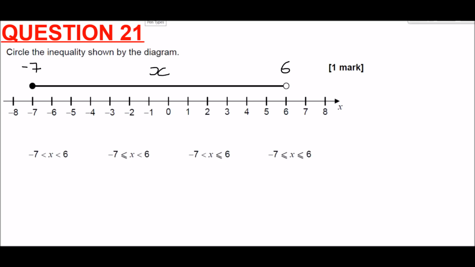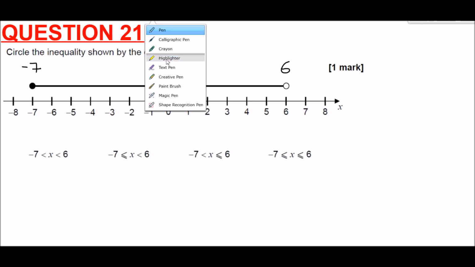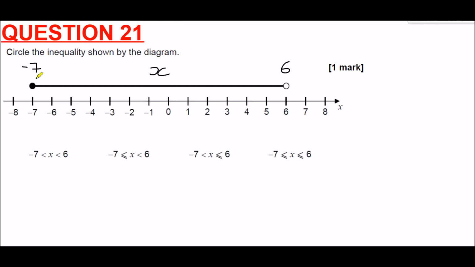What we're looking at to solve it is if the circle is filled in or not. Now, a filled in circle means x can be bigger or equal to that number. And so a filled in blob means one of those symbols.